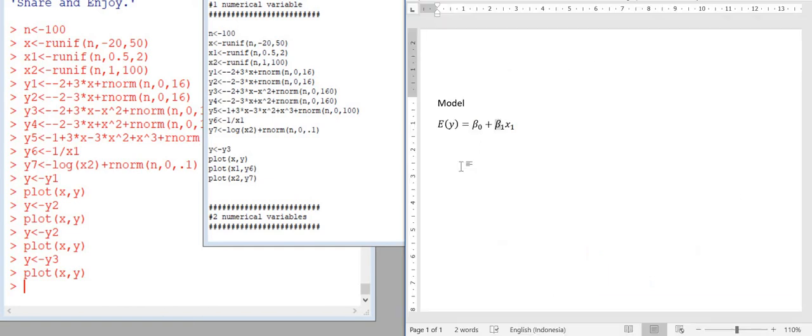So then for here, I will propose my model is not this one, but I will choose beta naught plus beta 1 x1 plus beta 2 x1 squared. Okay, so this is what we call a second order model.